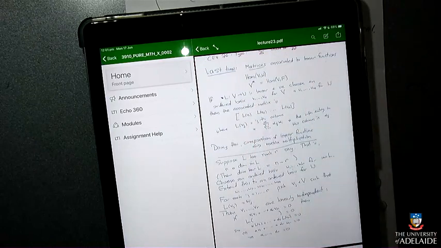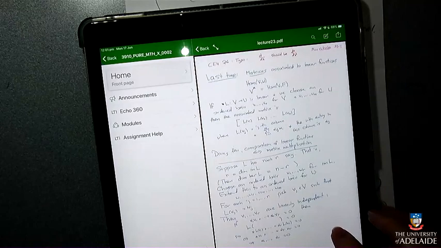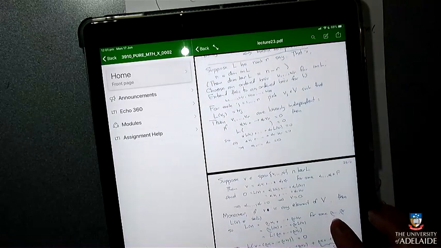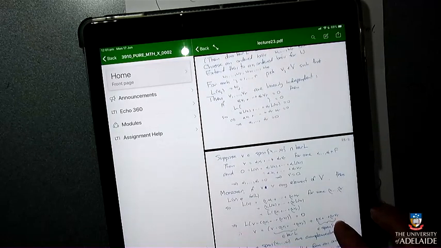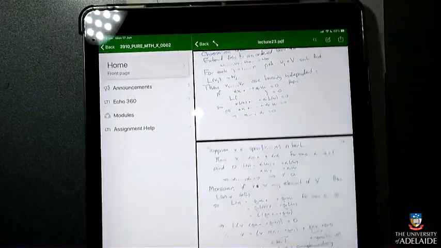Oh, capital L was the original linear transformation. And you can define what it does by defining what it does to each of the basis vectors. That makes sense. Choose an ordered basis for the image of L. Extend it to an ordered basis for W. And then you find the things that, I'm just going to need to draw these pictures just a second.